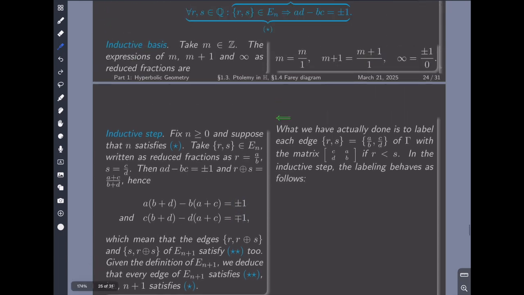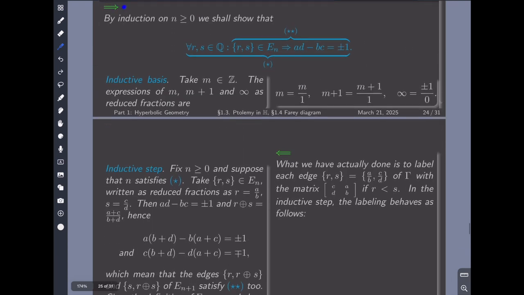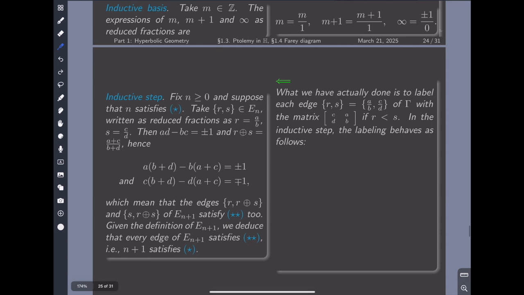So this finishes the inductive step for one side, and the other side is nicer. This one is more or less routine, but the other way is very nice, I would say.